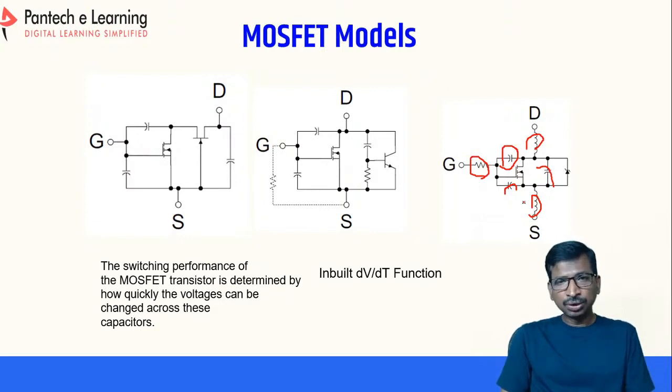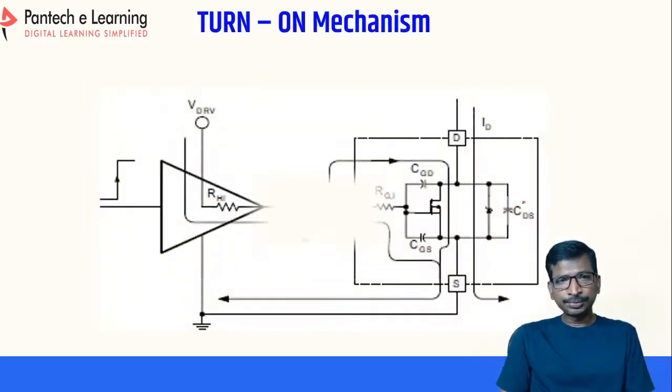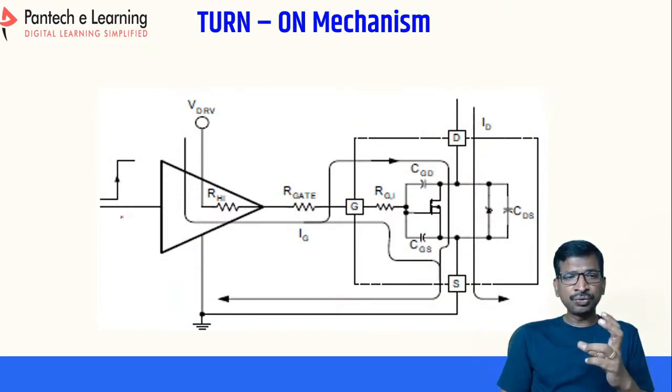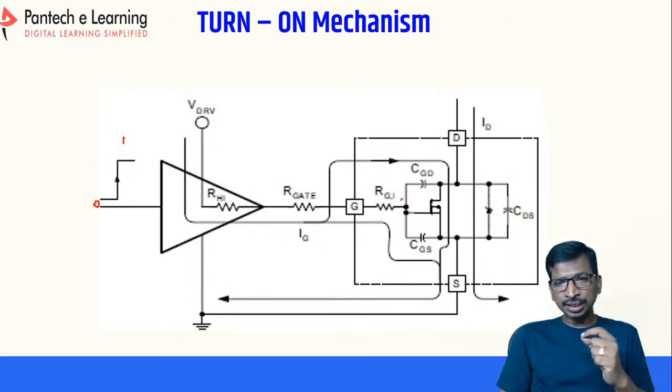All right. Now let us take this and try to understand the concept of what happens if you apply a gate pulse from 0 to 1. This is called the on-state transient. Whenever you apply the voltage, it flows into two circuits, this capacitor and this capacitor.